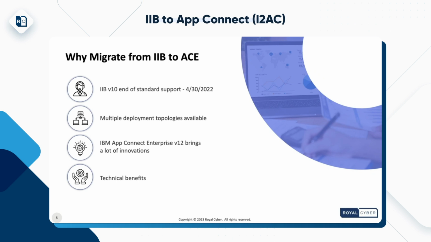And since we've seen multiple deployment topologies available, ACE can be used in topologies such as on-premise, Cloud Pak for Integration, or in a Docker container. And IBM App Connect Enterprise version 12 brings a lot of innovation, which we'll talk about in the next slides as well.